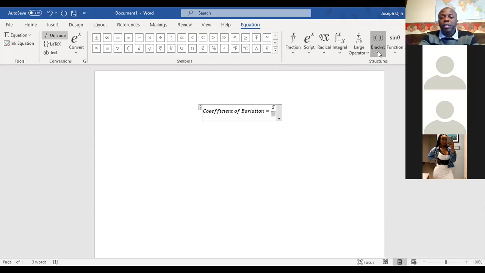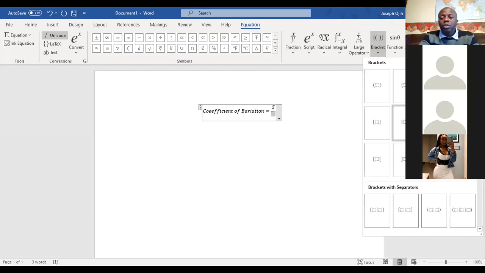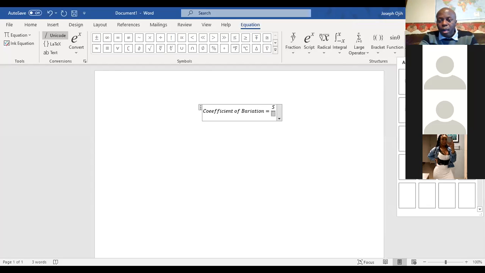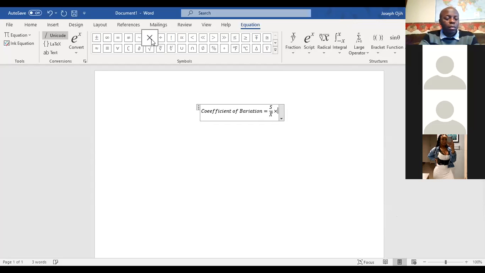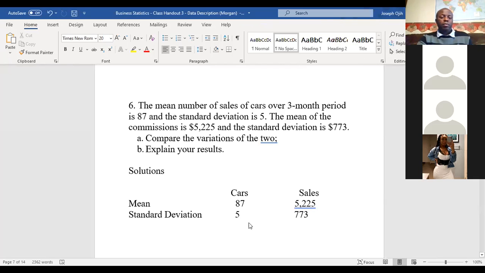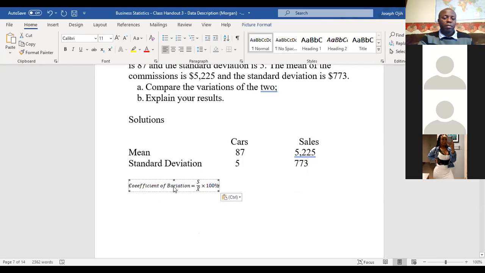I'm going to use X bar for the mean. That's the formula right there: standard deviation divided by mean times 100.